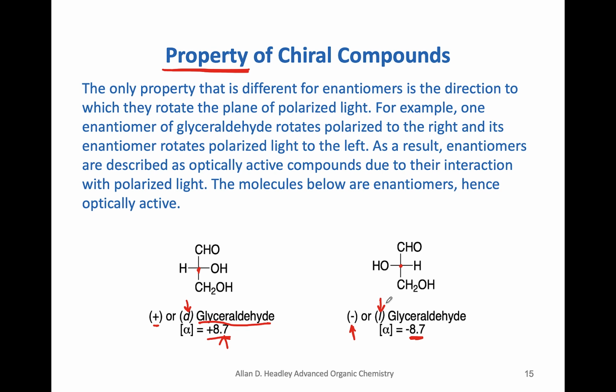That was an old experiment that was done years ago on glyceraldehyde, and hence we have the L and D. Notice again that the R and S assignments that we did for these chiral carbons do not necessarily relate to the D and L or plus or negative. The R and S are absolute assignments. These are experimental assignments. So they may not necessarily coincide with each other.